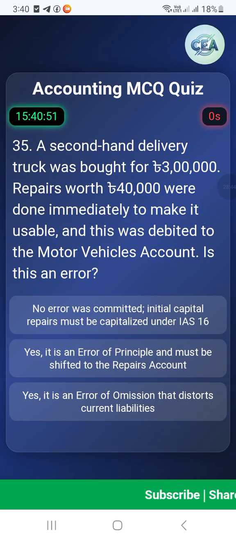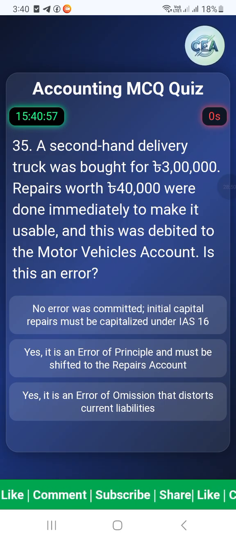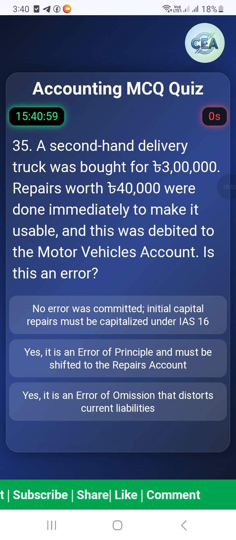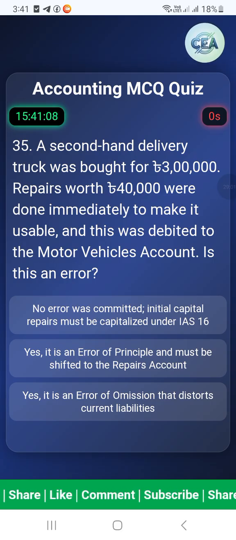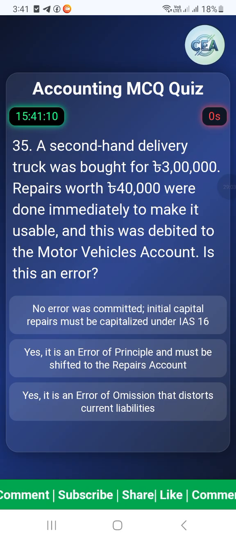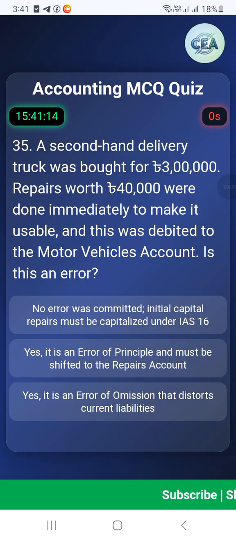35. A second-hand delivery truck was bought for 300,000 takas. Repairs worth 40,000 takas were done immediately to make it usable, and this was debited to the motor vehicle's account. Is this an error? Option 1. No error was committed. Initial capital repairs must be capitalized under IAS 16. Option 2.